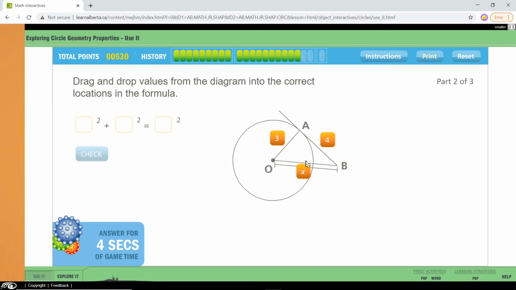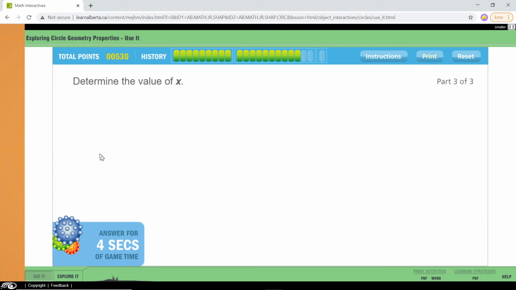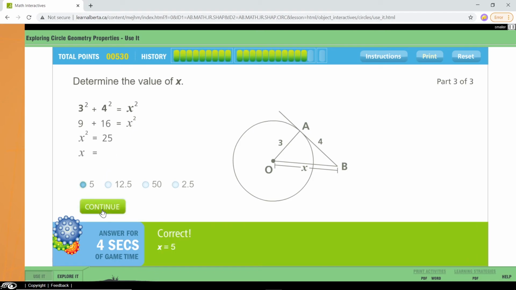So this is the hypotenuse. Okay, right, so next, calculating the value of x. So the square root of 25 is 5. Okay, continue.